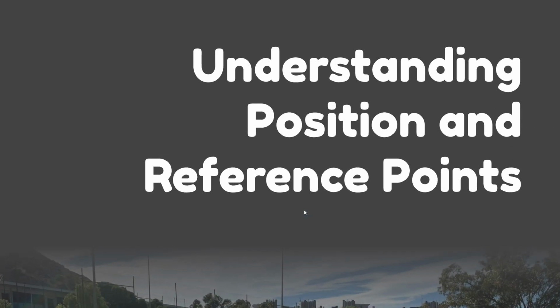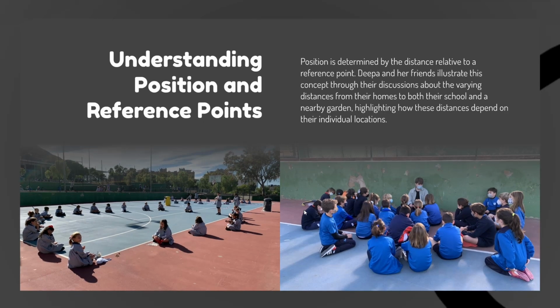So, coming to the next topic, we are understanding position and reference point. Position is determined by the distance related to a reference point. Deepa and her friends illustrate this concept through their discussion about the varied distances from their homes to both their school and a nearby garden, highlighting how this distance depends on their individual location. So, an object's position is determined by the distance related to a reference point.